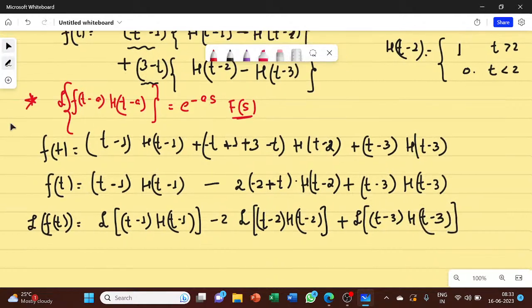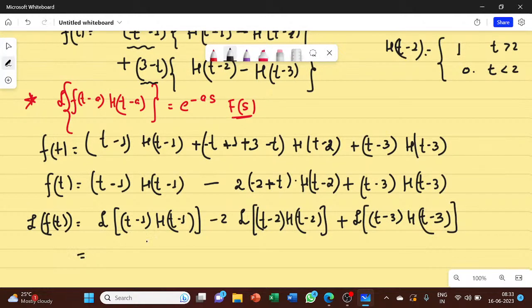Okay, so this is one thing. And if I write it this way, what will this be? Again, compare the two, you use the second shifting theorem, and now you can clearly write it would be equal to e to the power minus s upon s square. Why s square? Because the Laplace transform of t. Just remember this is t minus 1, so f of t minus 1 is t minus 1, so f of t would have been t. So the Laplace transform of t is 1 upon s square. Minus 2 e to the power minus 2s divided by s square, plus, or I think there was a minus somewhere or what?